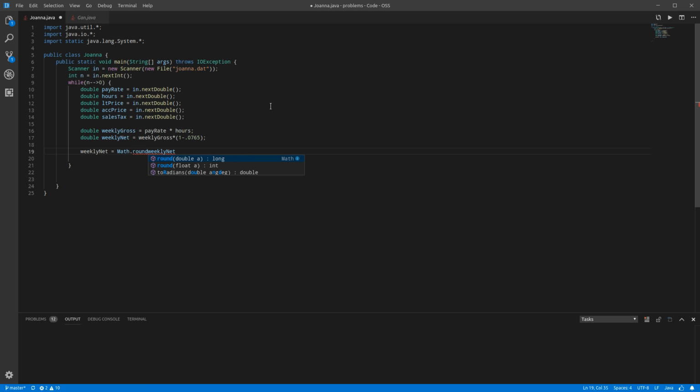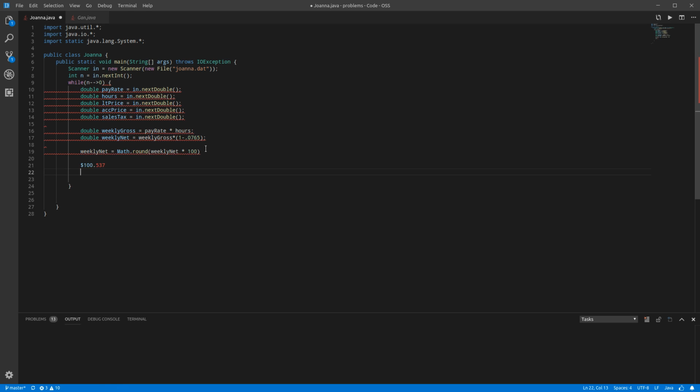So the way we do this is we're going to round weekly net times 100. This is going to effectively move the decimal places to the right. Like let's say it was $100.537 or something like that.